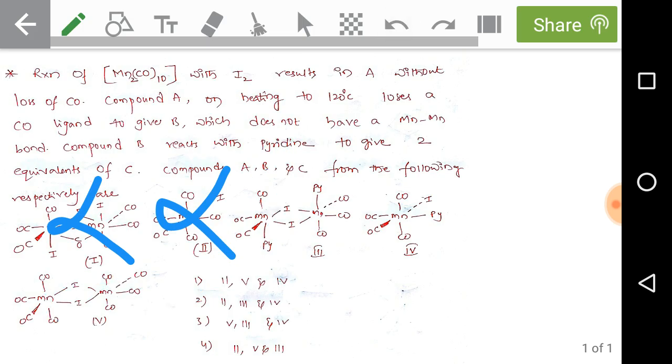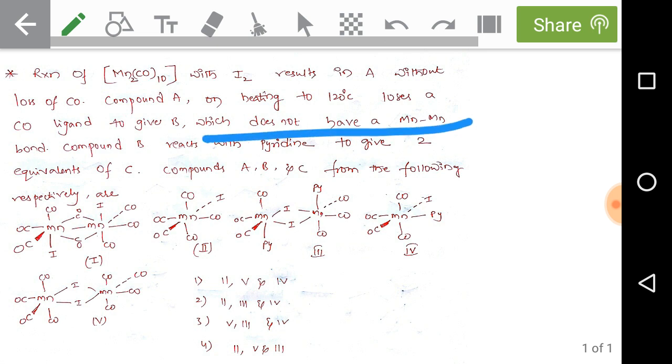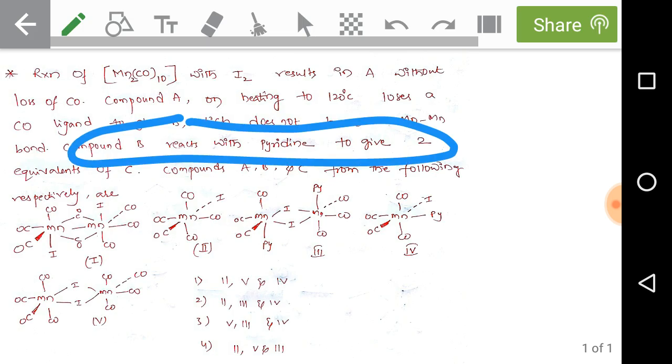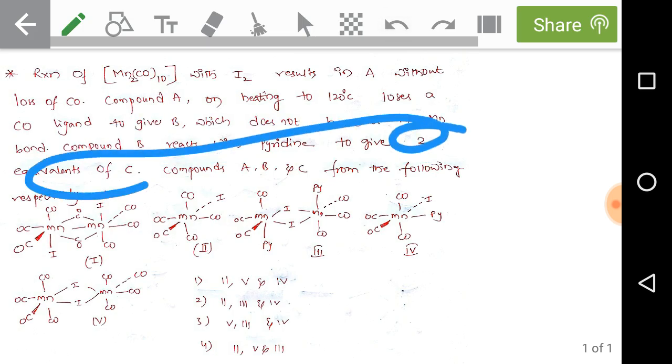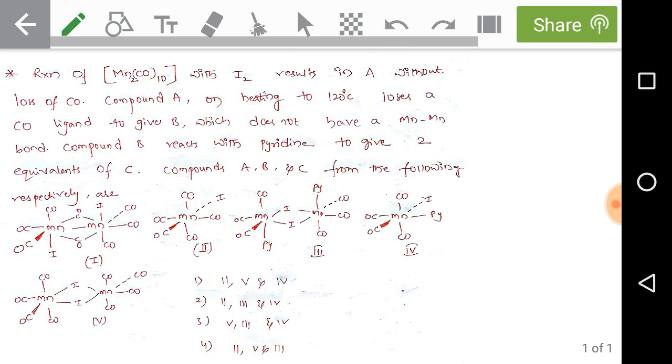Just look at how easy it is when we understand the problem. Now this is B, and we have to look for compound C. Compound B reacts with pyridine to give 2 equivalents of C. That means when it reacts with pyridine, it must give 2 equivalents, so there should be a breakage between the 2 complexes.